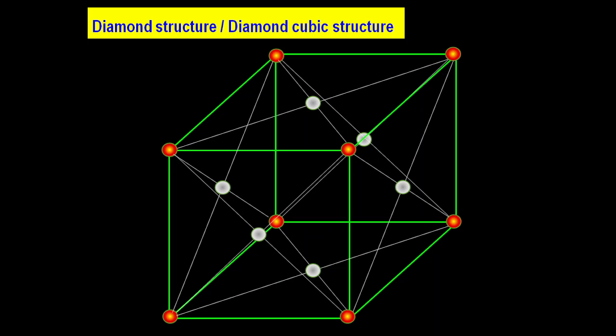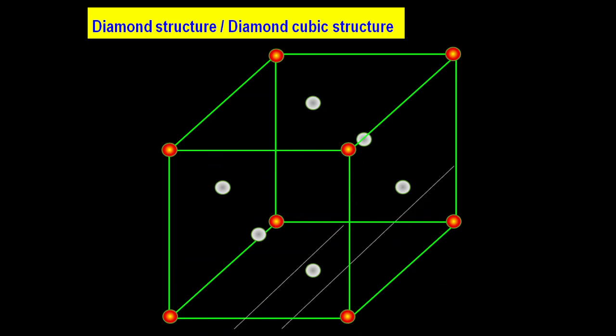Now we will see how those 4 atoms are placed inside this unit cell to make the diamond cubic structure. First of all, I will construct 4 diagonals. I have labeled these 4 atoms as atom number 1, 2, 3 and 4 in this bottom layer.